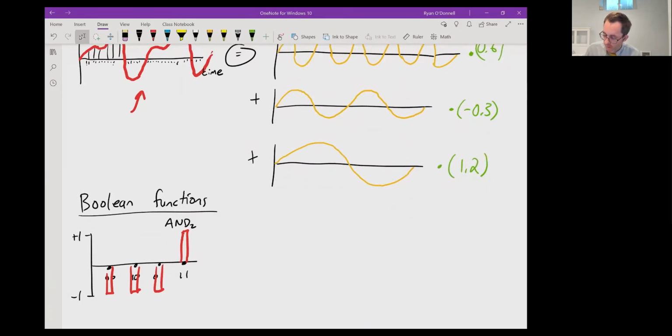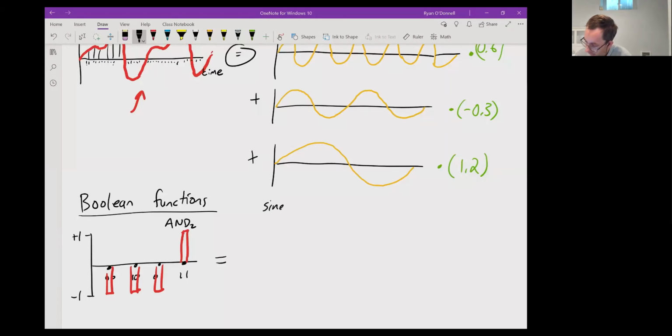For Boolean functions, you could draw some sort of weird plot of the truth table as I've done here. I wrote all the strings out on the horizontal axis, and I wrote the function value as a little histogram bar, and all the heights are plus or minus 1. The fundamental aspect of Fourier analysis for Boolean functions is that every Boolean function like this can be decomposed into a combination of special simple functions, analogs of sine waves.